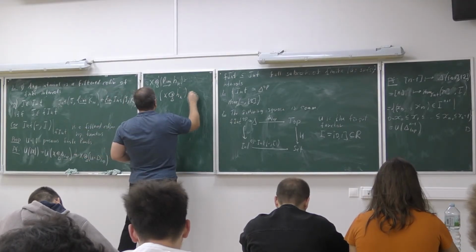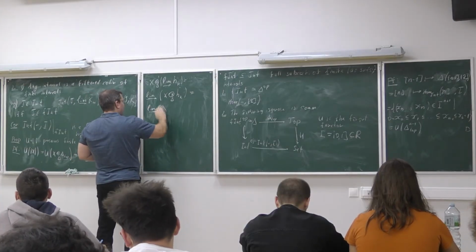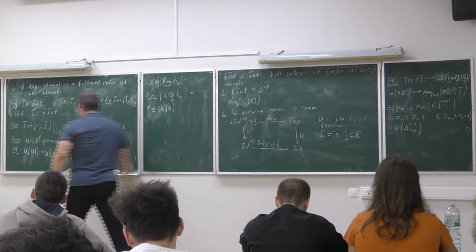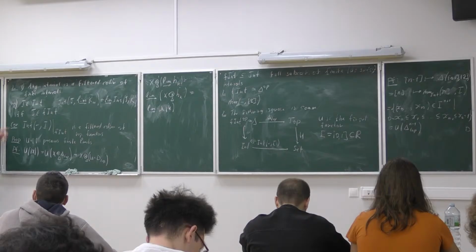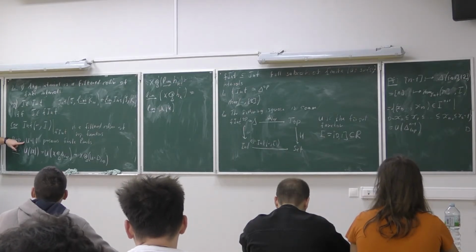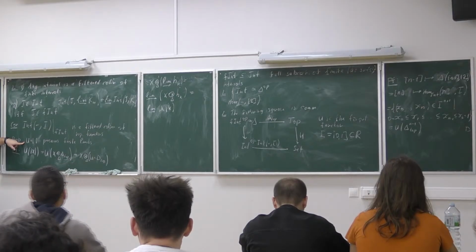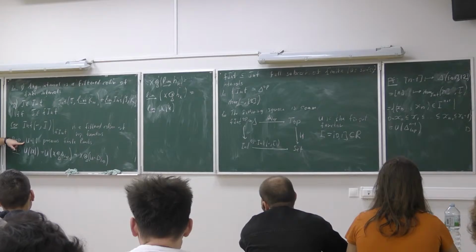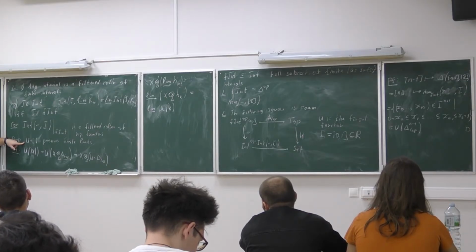So Yoneda lemma. So this is the answer, right? And now, can you tell me why it's clear from that answer for this composition that this preserves finite limits? Well, because filtered colimits commute with finite limits.